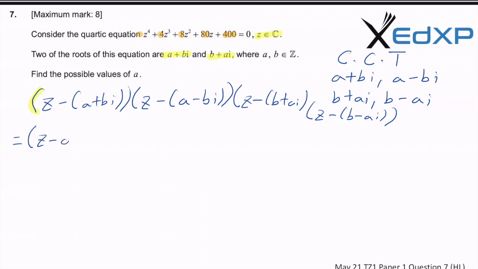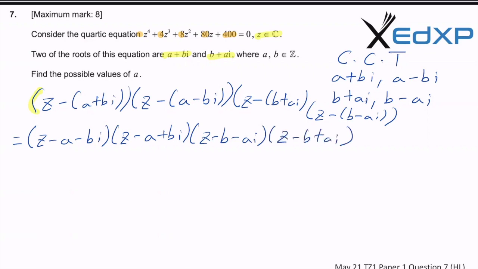We have z minus a minus bi, z minus a plus bi times z minus b minus ai times z minus b plus ai. Usually when you multiply the 2 pairs together, you get a simplified real equation. Let me show you what I mean.